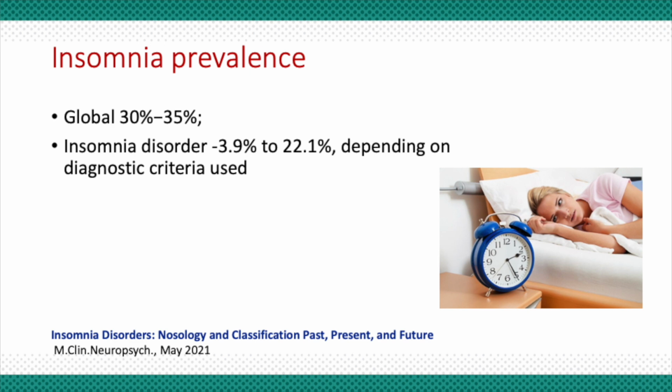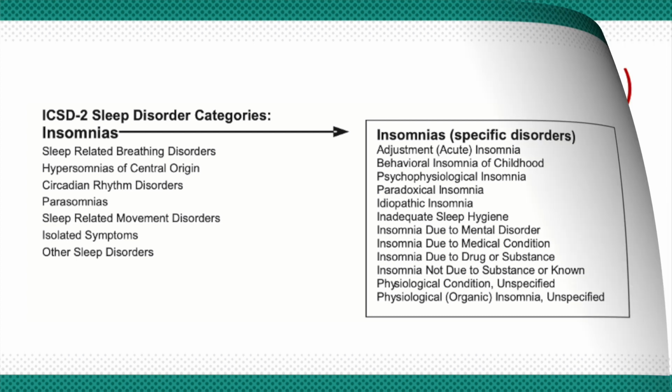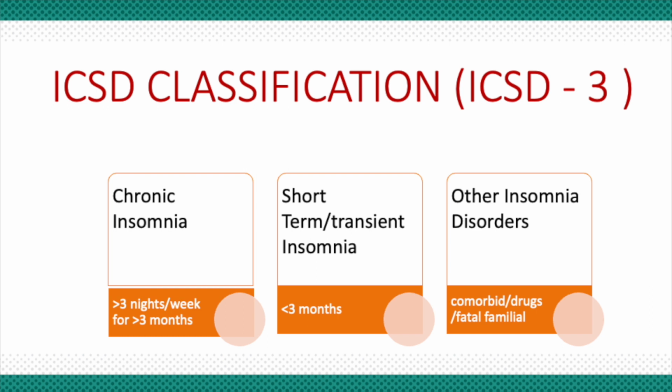It is the most common and the most prevalent sleep disorder in the world, and though the International Classification of Sleep Disorders earlier described insomnia in various subtypes based on the type of pathology involved and the presentation, now the ICSD-3 classification of sleep disorders classifies insomnia mainly into 3 subtypes: the chronic insomnias, the acute or transient insomnias, and other insomnias, which includes most of the other insomnia types that were described previously.